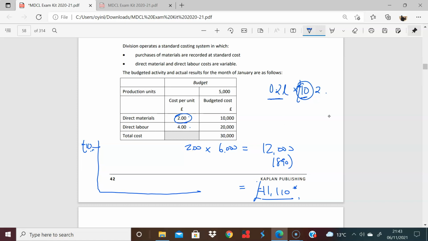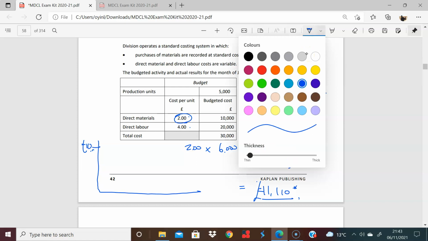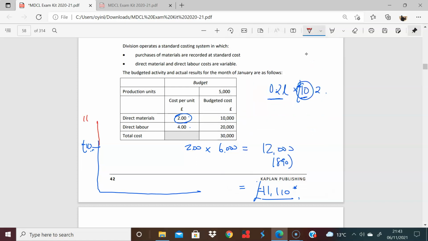The question does go ahead to say that, listen, what actually happened was that you spent £10 and 10 on a liter. But here's the thing: £10 and 10 on a liter, but you know what the total spending was. The total spending was 11,110.